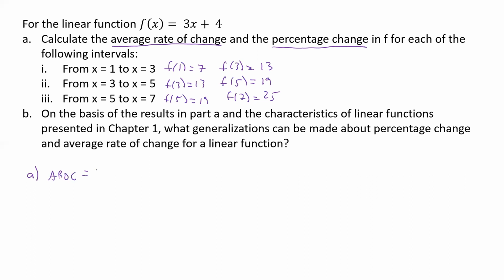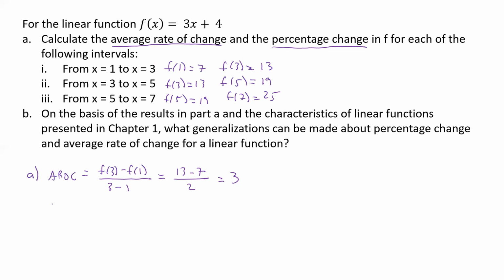The AROC is going to be f of 3 minus f of 1 over 3 minus 1. So that's 13 minus 7 over 2. And so 6 divided by 2 gives us 3. That's going to be our value. That's AROC. And we don't have units here, so it's just 3.